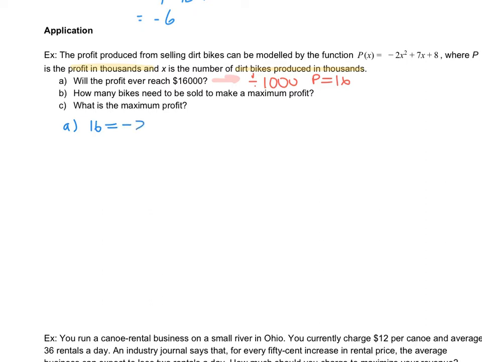Now the thing is that it asks you if the profit will ever reach that amount. So really we can just use the discriminant here to see if there isn't actually a solution to this equation, because I don't really care about when it will reach that profit, just will it ever be able to. So you have to look out for those key little words to know what method you should be using.